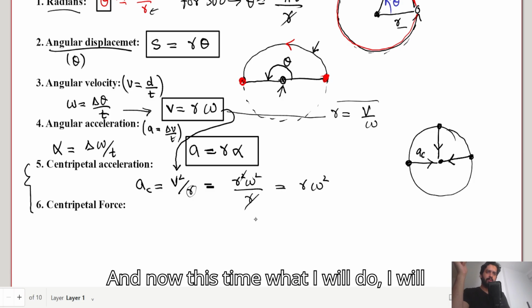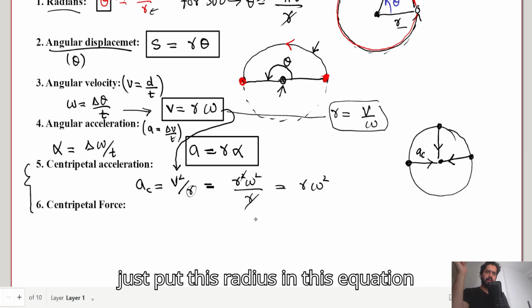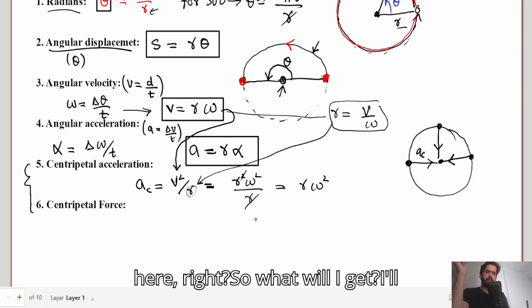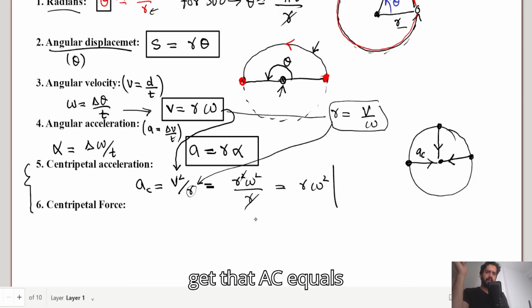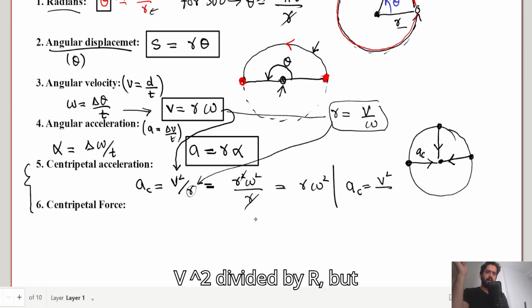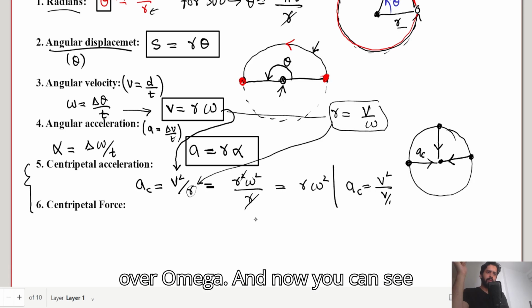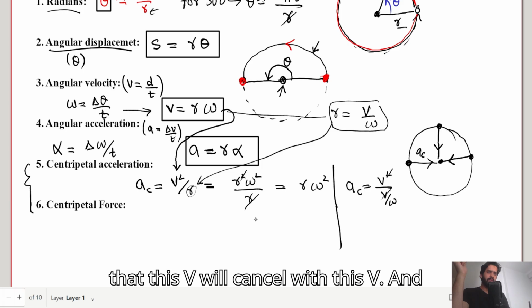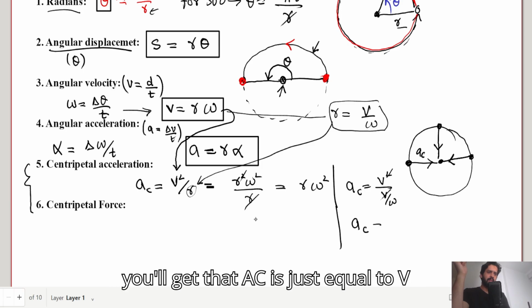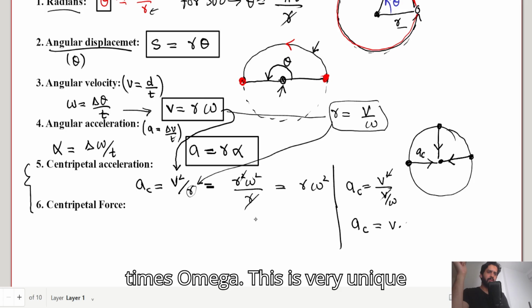And now I will put this radius in this equation here, right? So what will I get? I'll get that AC equals v square divided by r, but r is v divided by omega. So I'll write v over omega. And now you can see that this v will cancel with this v, and you'll get that AC is just equal to v times omega.